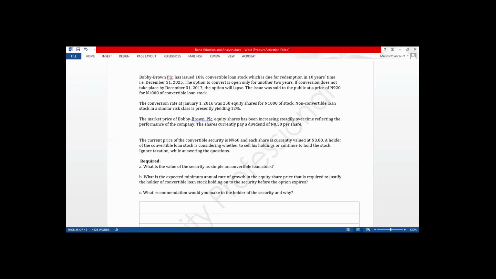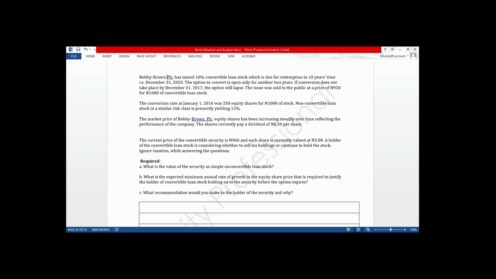The market price of Bobby Brown PSC shares has been increasing steadily over time, reflecting the performance of the company. The share currently pays a dividend of 0.3 per share. The current price of the convertible security is 960.